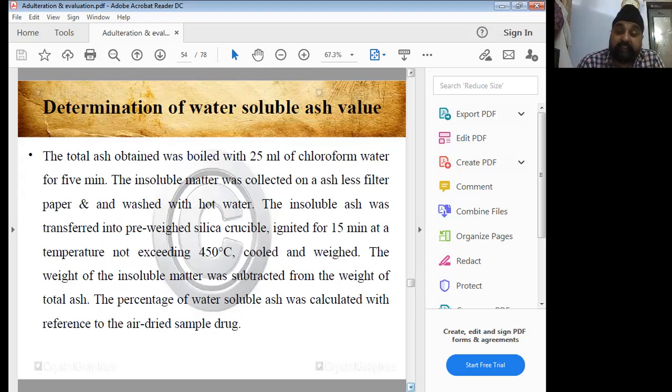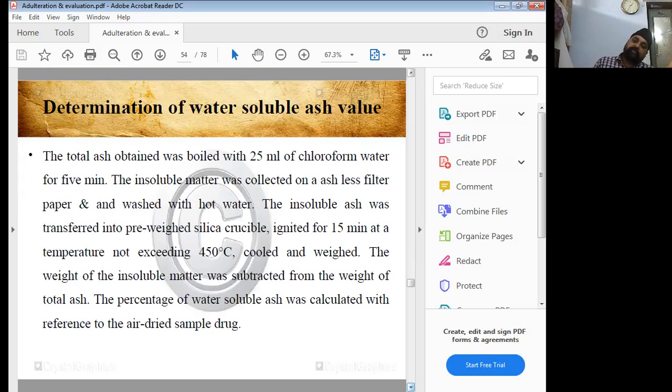Then water soluble ash can also be determined. In the same way, you can use different solvents. Here you can use chloroform water, around 25 ml, to which the ash obtained earlier is added. The insoluble ash could be separated by filter and then weighed.